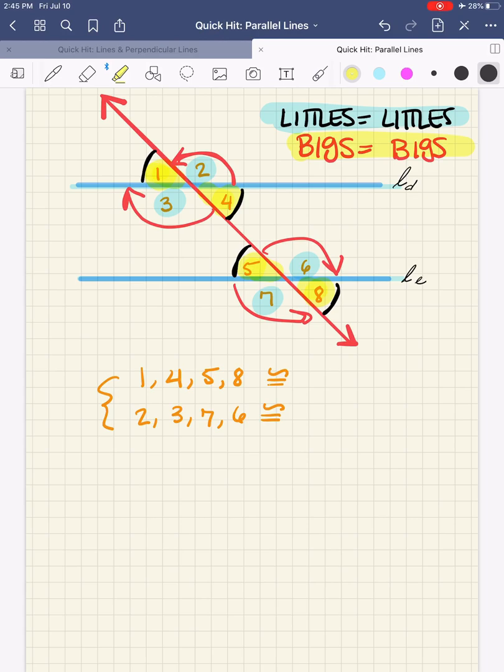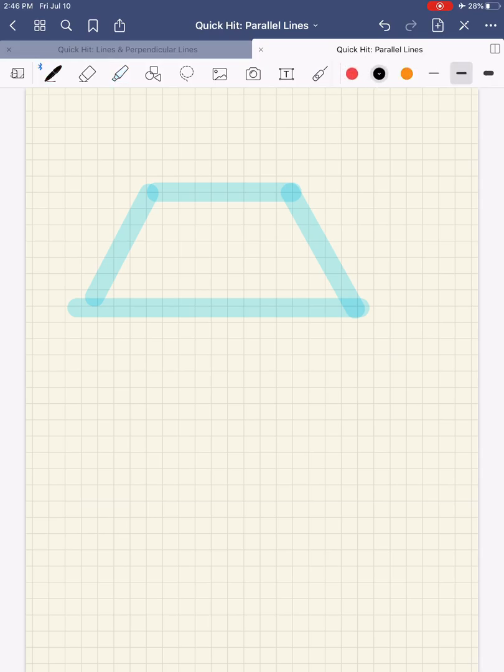So we can put all this together when we see a particular shape, or we're told, for example, a trapezoid. A trapezoid, I can use my knowledge about parallel lines to figure a lot of things out about this particular shape.